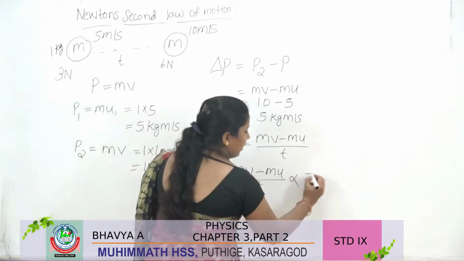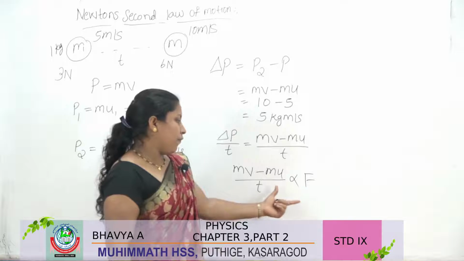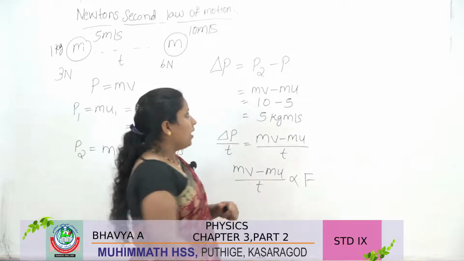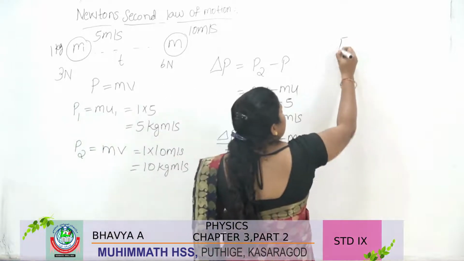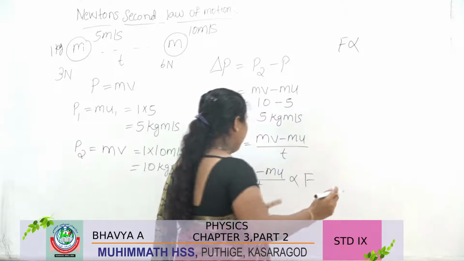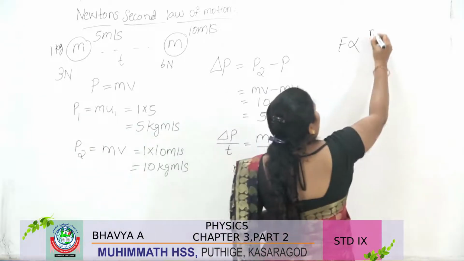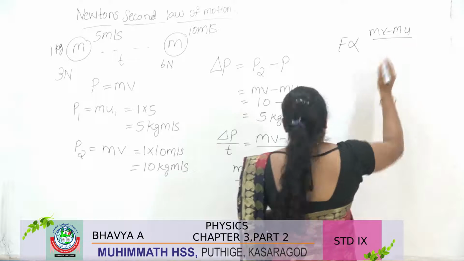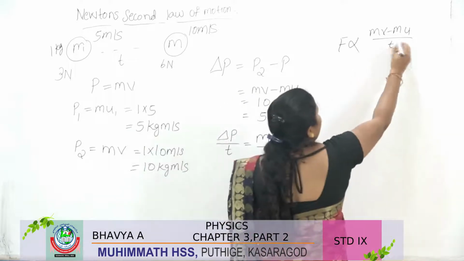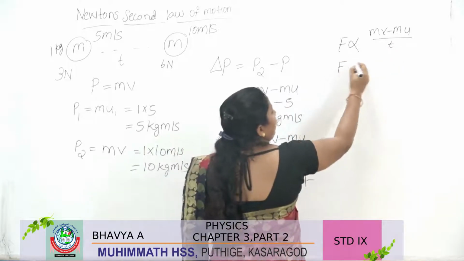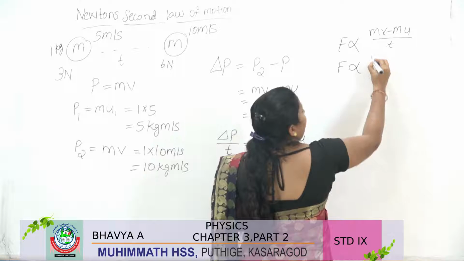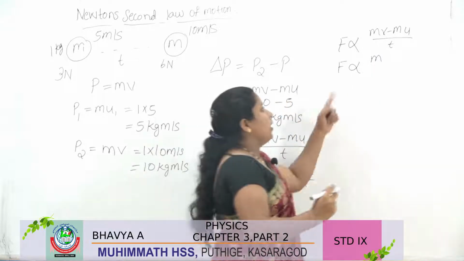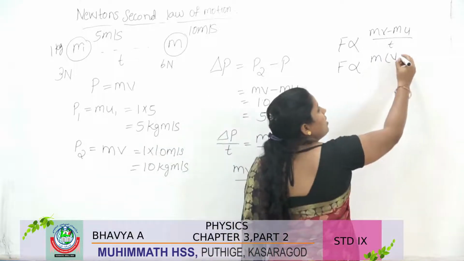So F is directly proportional to the rate of change of momentum divided by t. It can also be written as F proportional to m into (V minus U) divided by t, taking m outside.